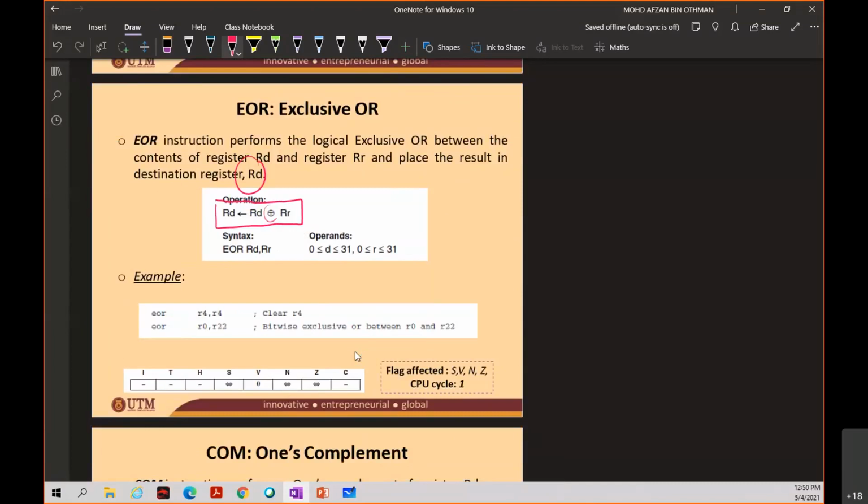Every time you see this symbol, you know that you're going to do the exclusive OR of RD with RR, and put the result in RD. This is the syntax. The operands RD and RR can be from R0 to R31.